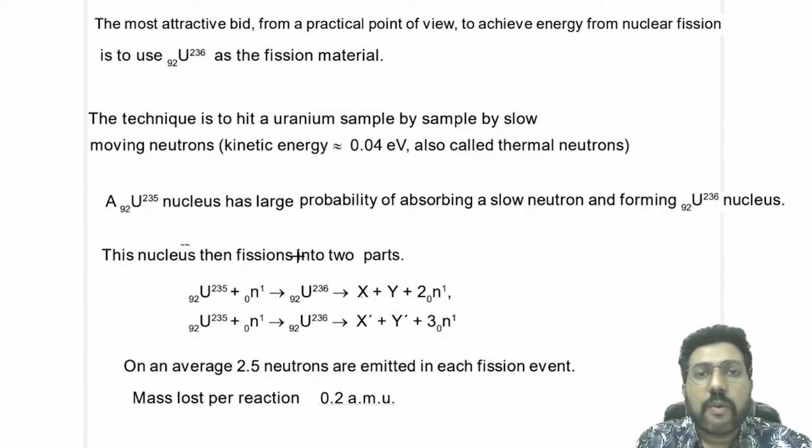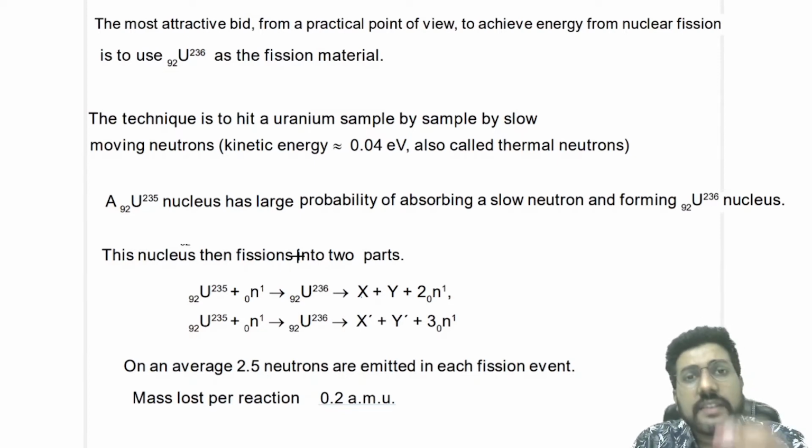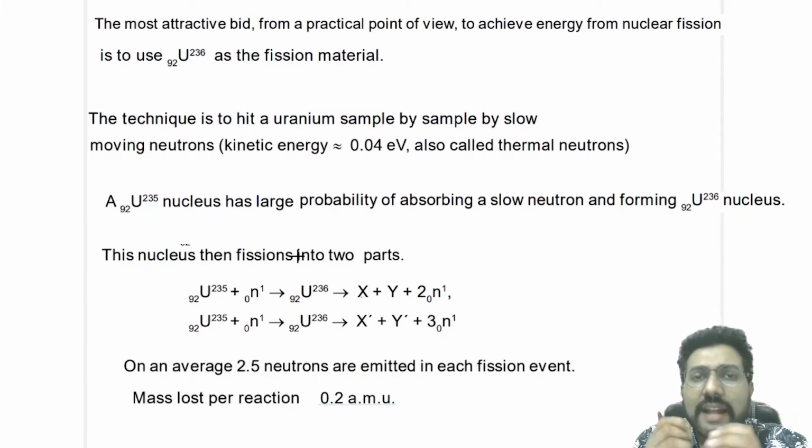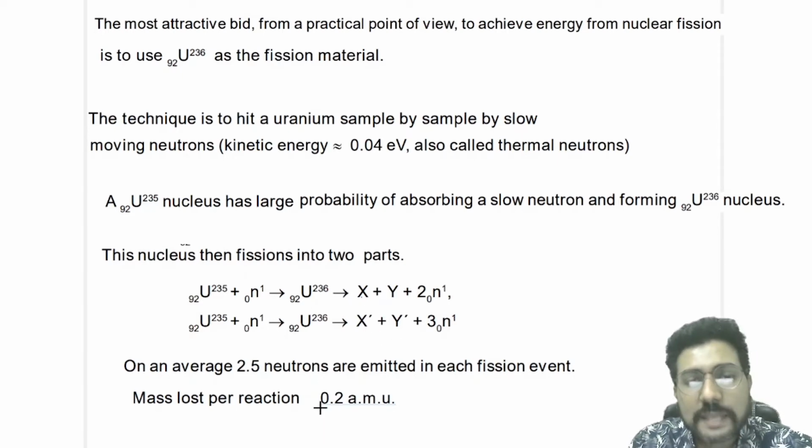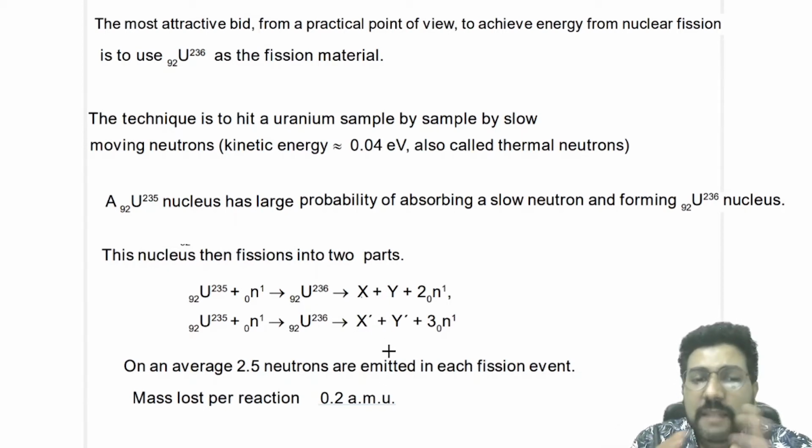Okay, now we have seen that the fission yield or the fission products from uranium-236 is not a fixed product. It gives you random products, out of which barium and krypton are the most prominent, but there are many other products, right? So the two nuclei that are formed can be X, Y from uranium-236, it can be X dash, Y dash, it can be X double dash, Y double dash, it can be anything.